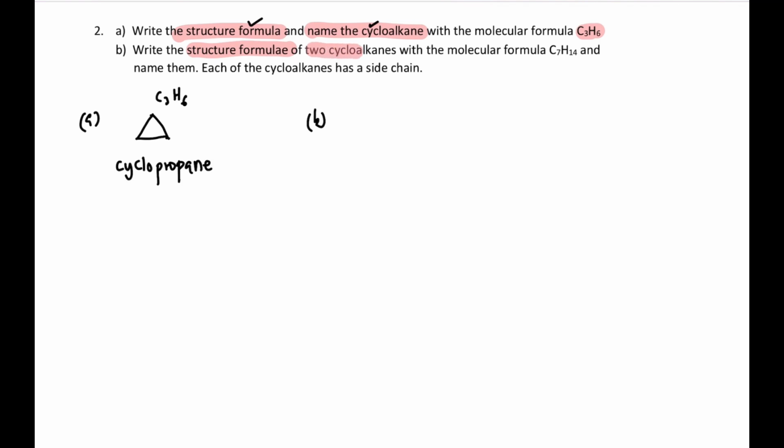Write the structural formula of 2 cycloalkanes with the molecular formula C7H14 and name them. Okay, they ask you to write cycloalkanes with 7 carbons. So 1 2 3 4 5 6 7. Let's combine them.